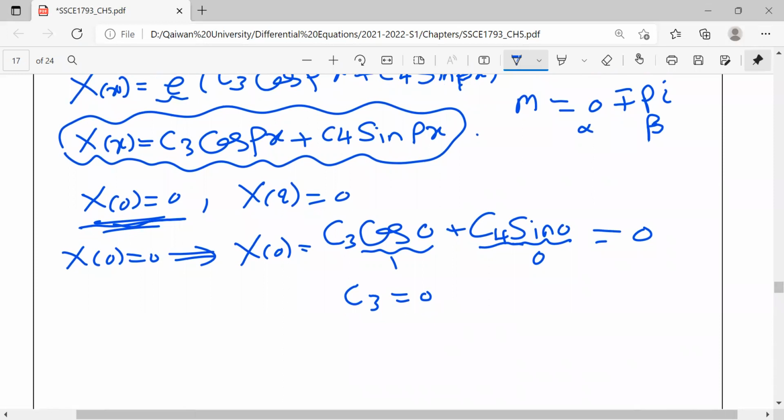So now our solution becomes, if C3 is 0, this term becomes 0. X of x equals just C4 sine px.